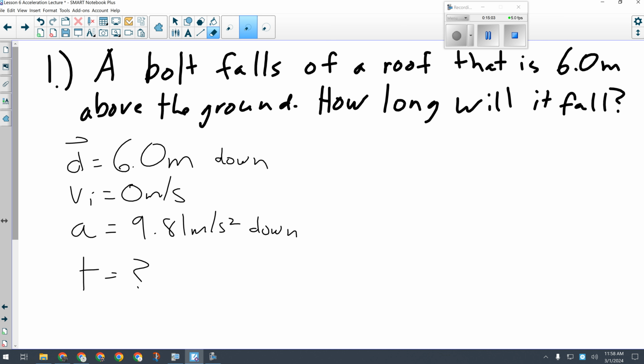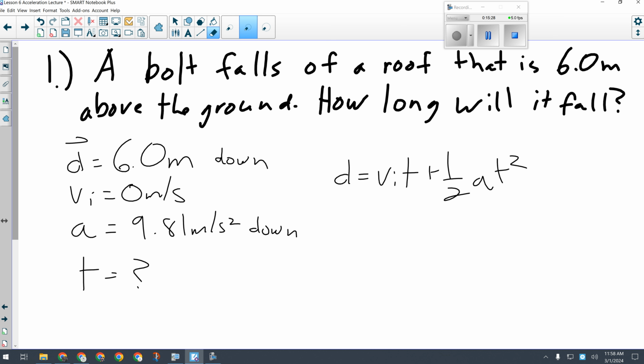Okay. D equals VIT plus 1/2 AT squared. You know, that one I told you you'd never have to use to solve for time, that formula? Except I said, you'll never have to use it to solve for time if VI isn't 0. Is VI 0 in this case? All right, so now I can use this one.